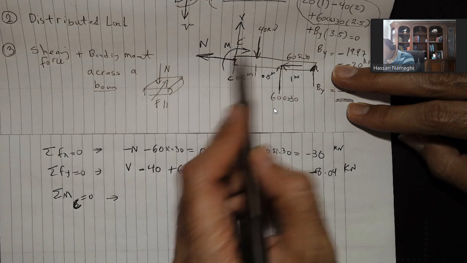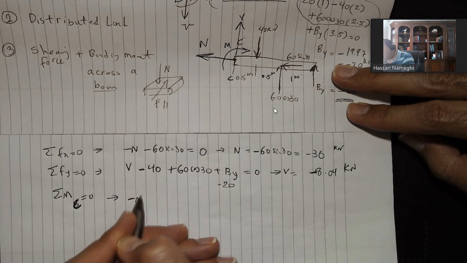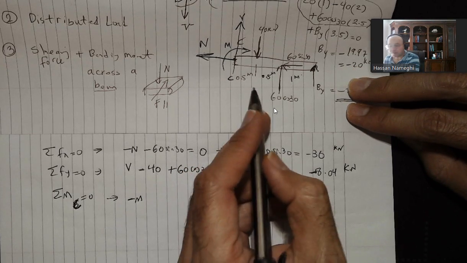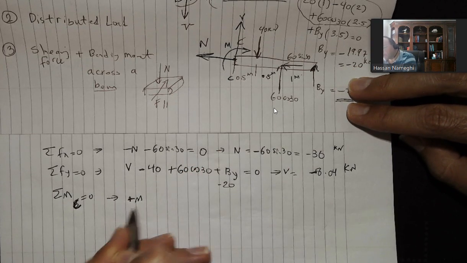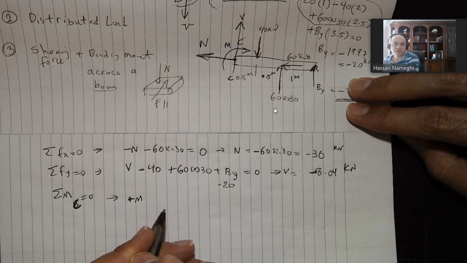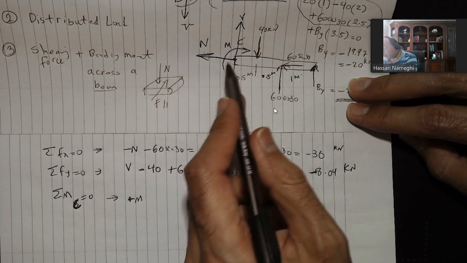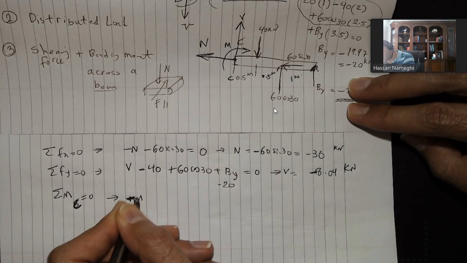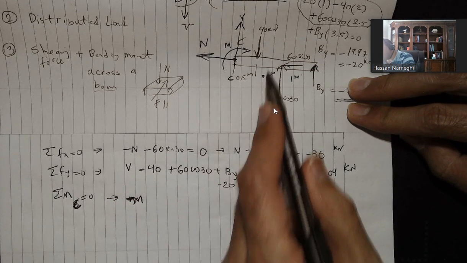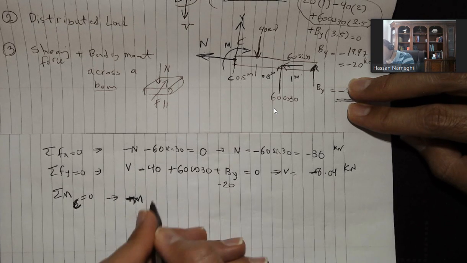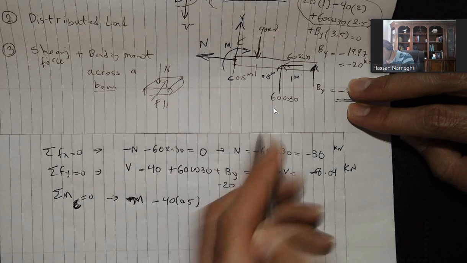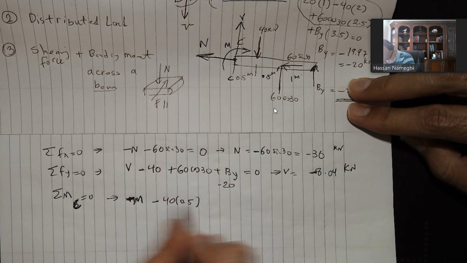Then at this location I have the minus M. I have the M going clockwise, so that's why I put minus M. Or you can just simply put M. If you get the answer negative or positive, you can tell, but again, in my diagram it is negative. So I'm going to do it like this. Minus M, and then 40 times half, and that's going to go clockwise. Then I have 60 cosine.